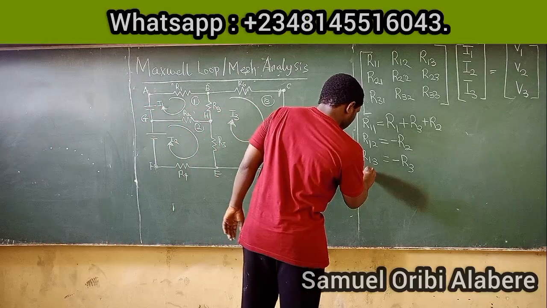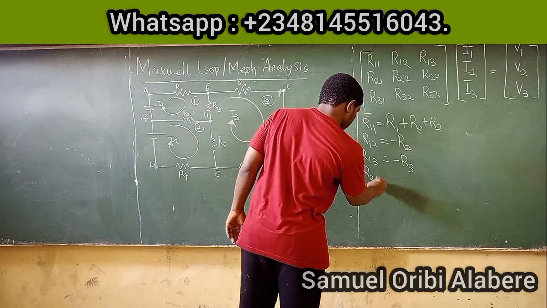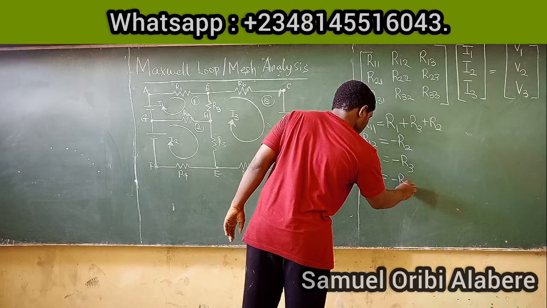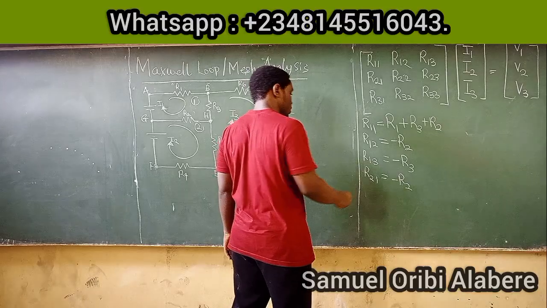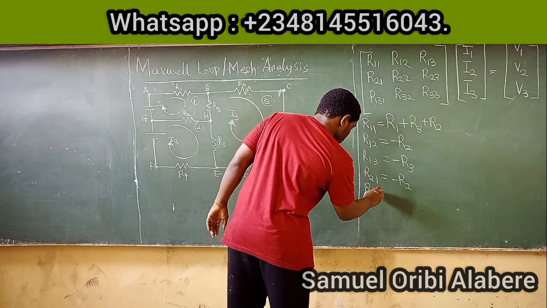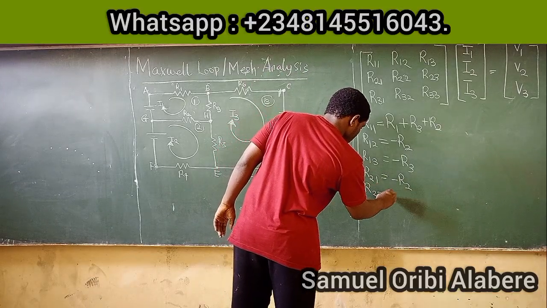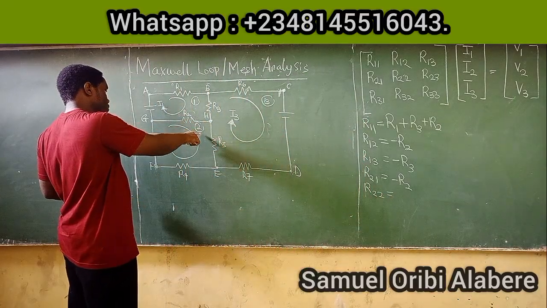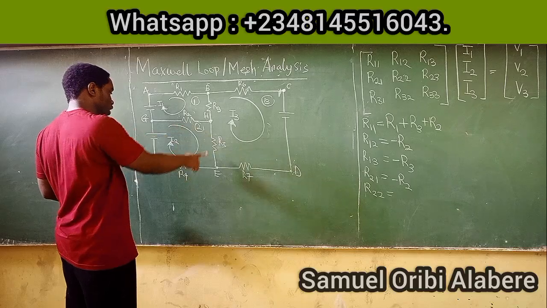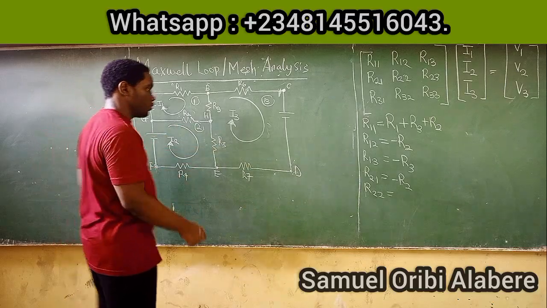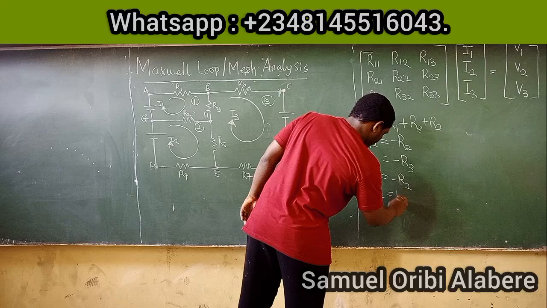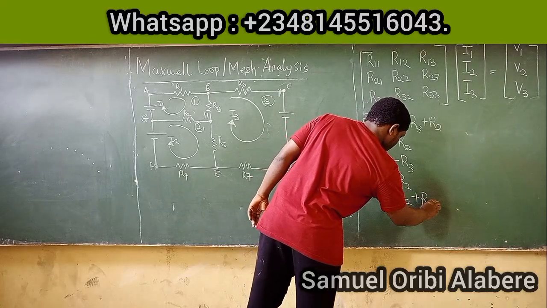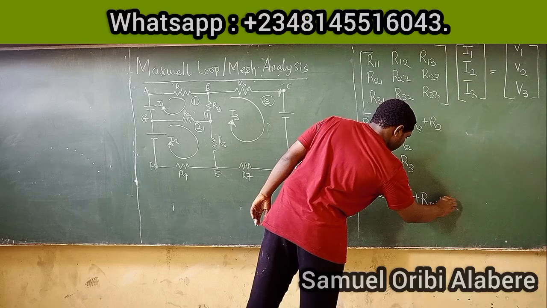So now let's look at R21, which is equal to negative R2. Then R22 will be equal to R2 plus R5 plus R4.